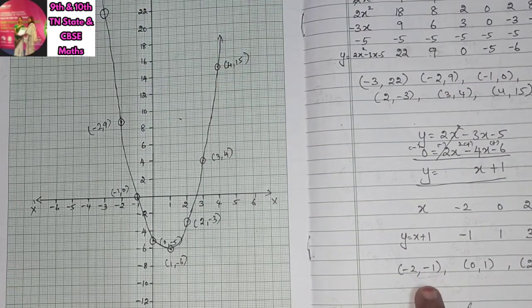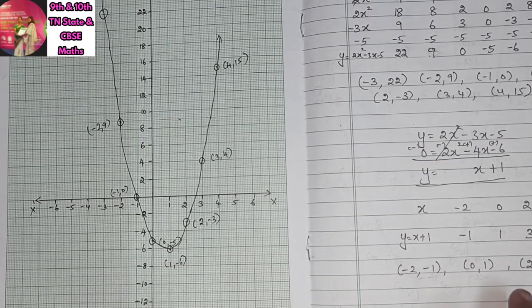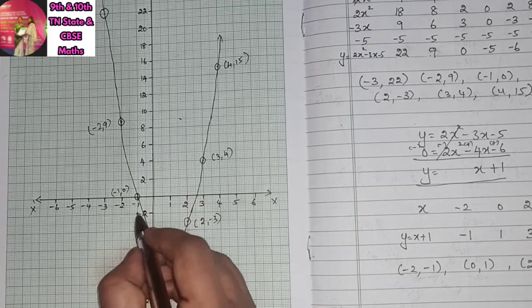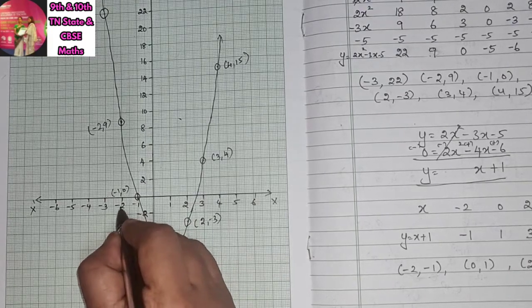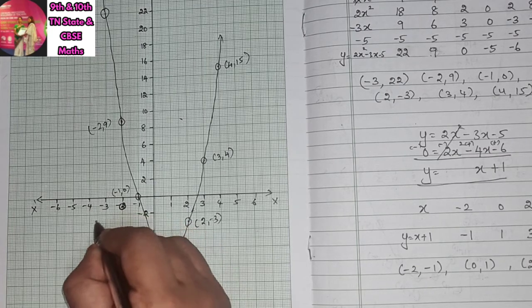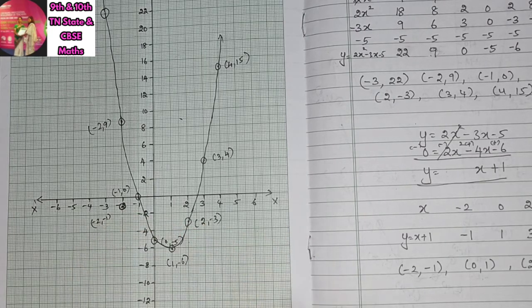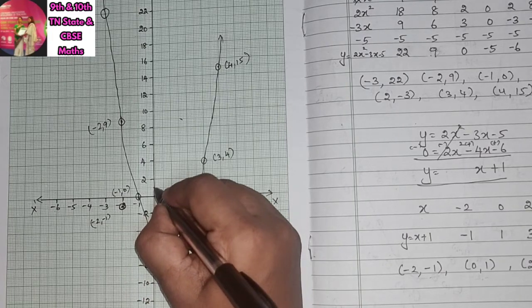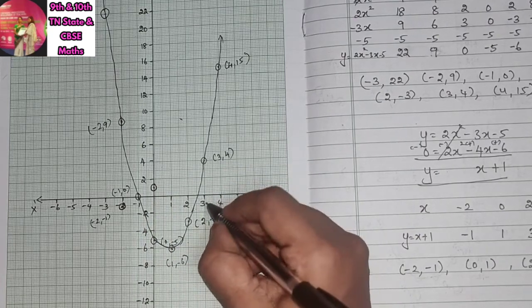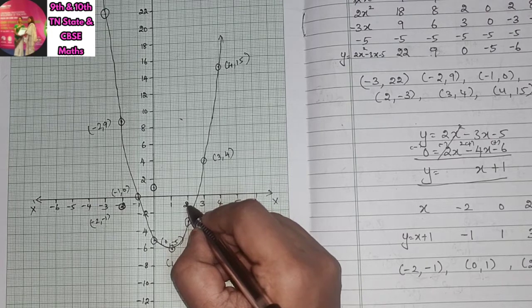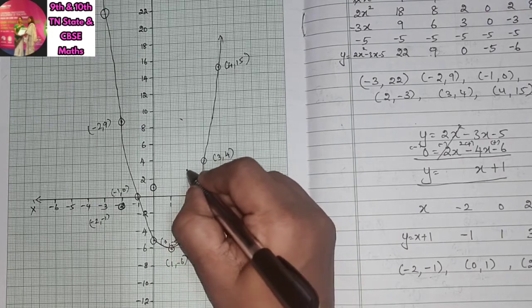Now we'll plot the points to get a straight line. So the first point is (-2, -1), it will be here. Then (0, 1), this point. Then (2, 3).